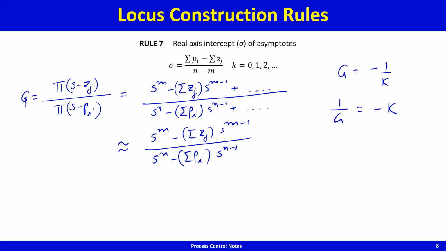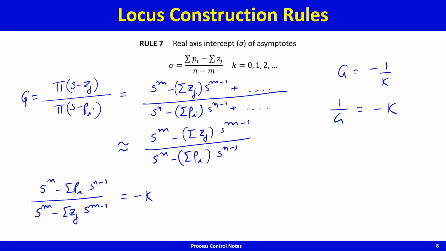We'll take 1 by G, and so what that means is S to the power n minus summation Pi into S to the power n minus 1, divided by S to the power m minus summation Zj times S to the power m minus 1, should be equal to minus k. Now let's just do the division.